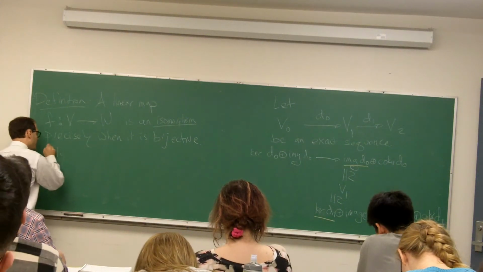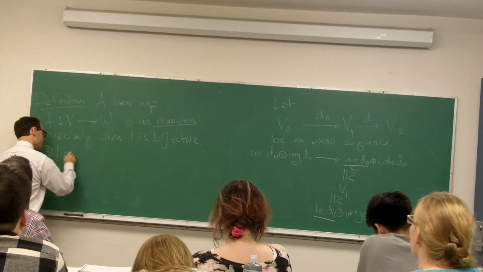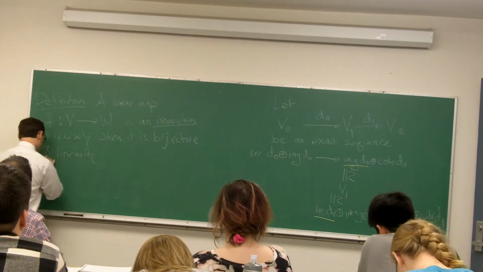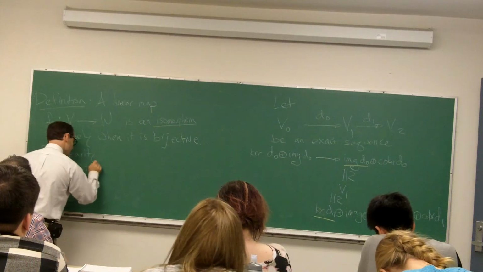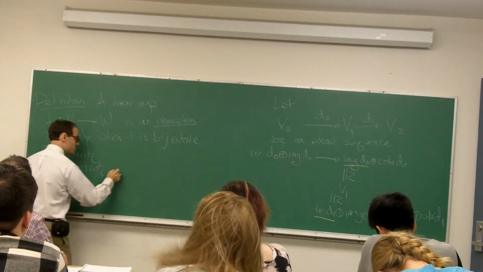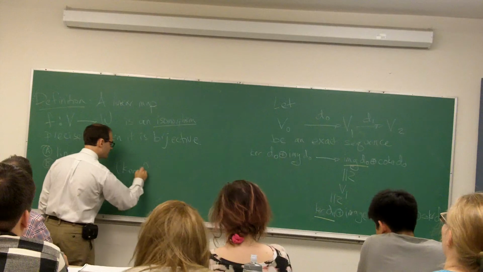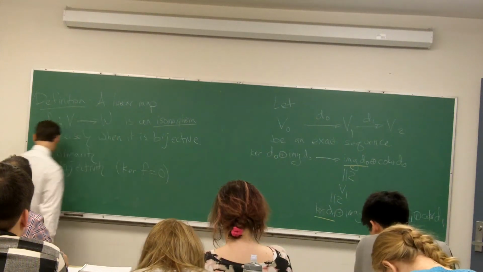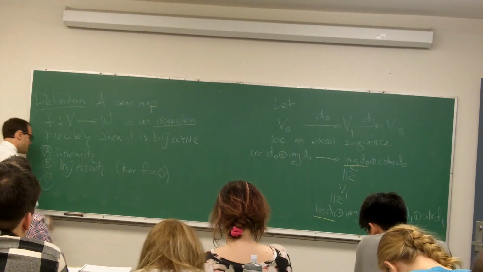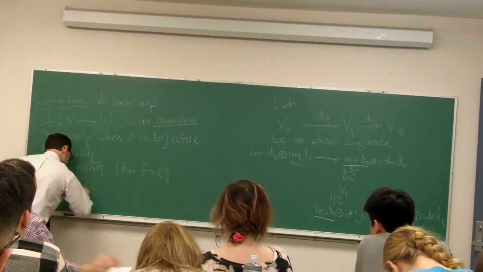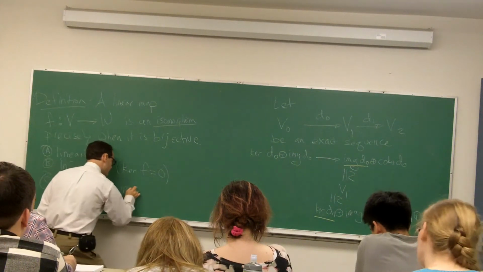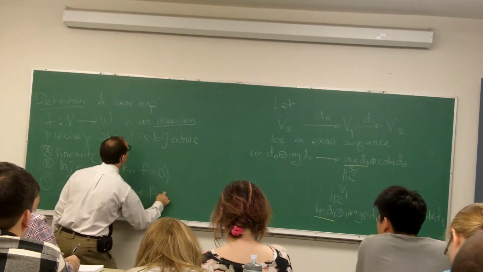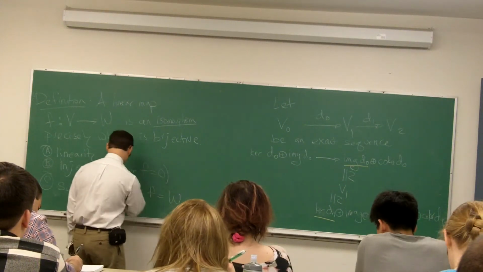There's the linearity. There's the injectivity, which in particular means that the kernel of f is trivial. And it is surjective, which means that the image of f is all of W.